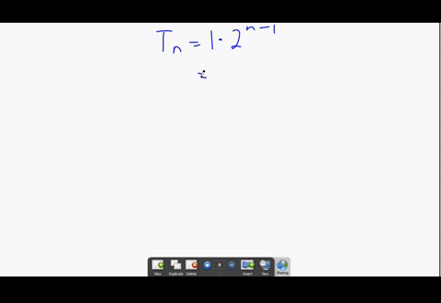So in this case, T10 is equal to 1 dot 2 to the power of 10 minus 1, which is going to be equal to 2 to the power of 9. So that's my T10. You can always change it into a proper number, but it's still going to work, and you'll get your answer. So that is how we find the 10th term, and that's how we find the nth term of a geometric sequence.